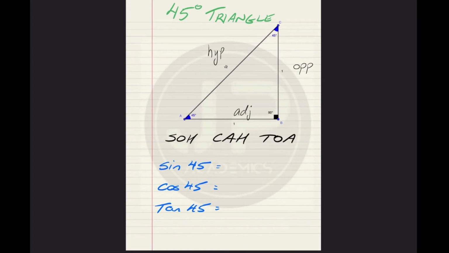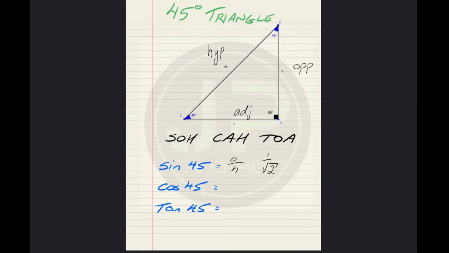Now from a previous video I've outlined what SOHCAHTOA was. Sine is opposite over hypotenuse, cos is adjacent over hypotenuse, and tan is opposite over adjacent. So using this quick memory technique, I'm going to now work out these three ratios. So sine 45 is O over H. O is going to be 1 and H is going to be root 2. So sine 45 gives me an answer of 1 over root 2.